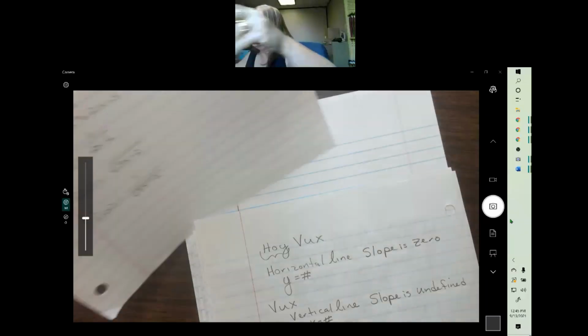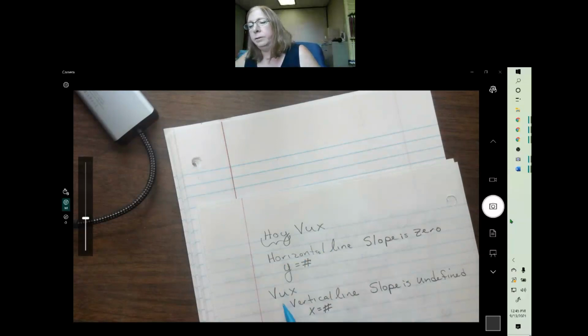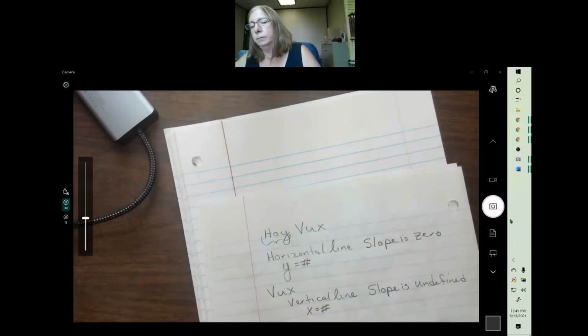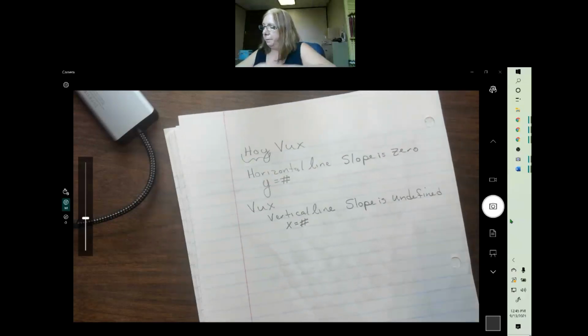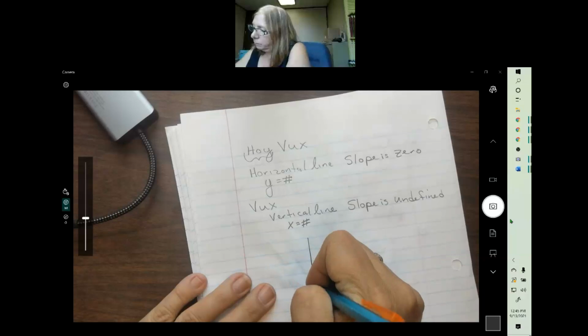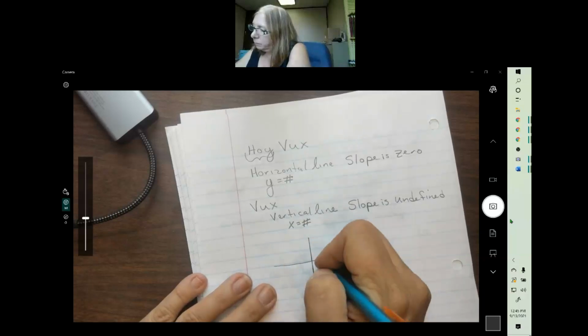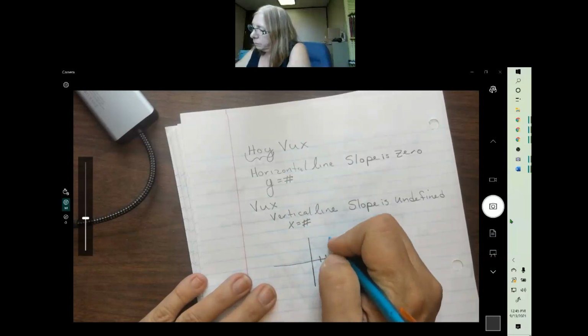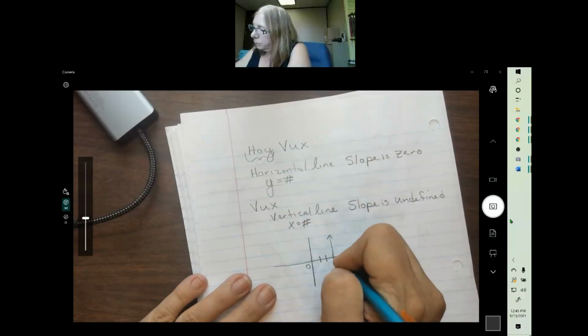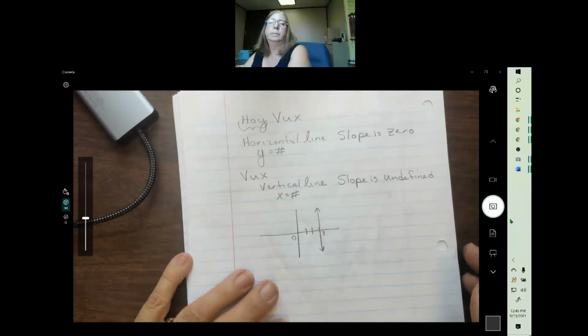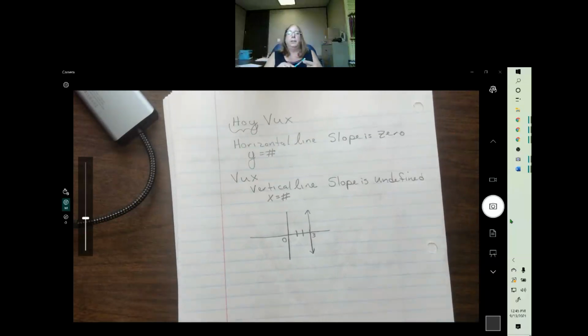And we did domain. But are there any questions on that? So if you see a graph, you could write the equation of the line, give the slope.